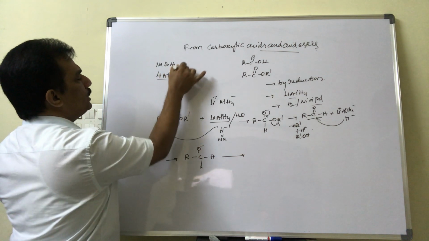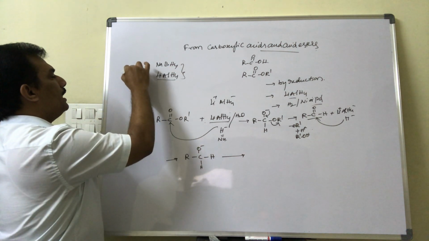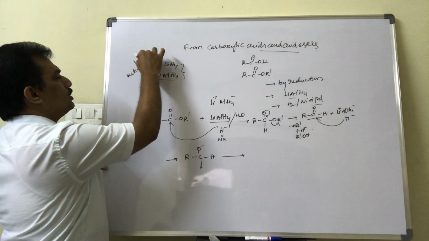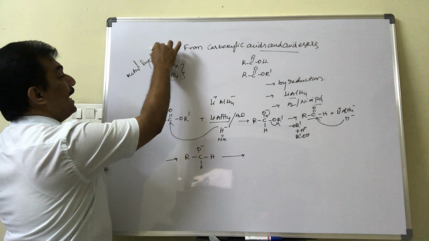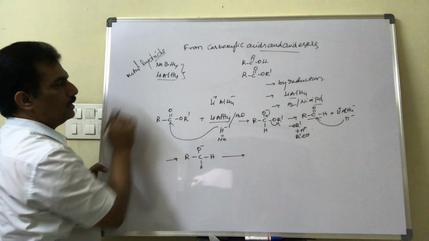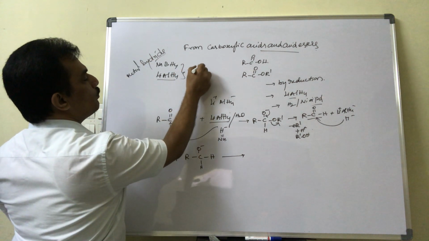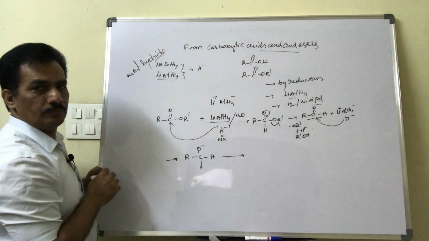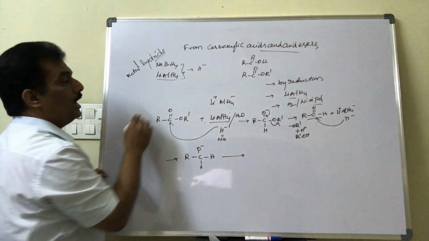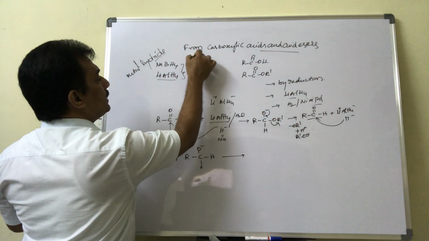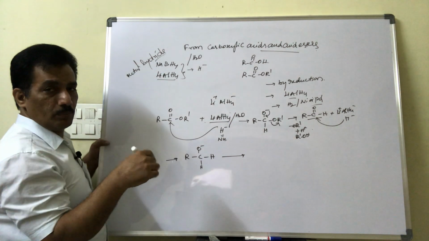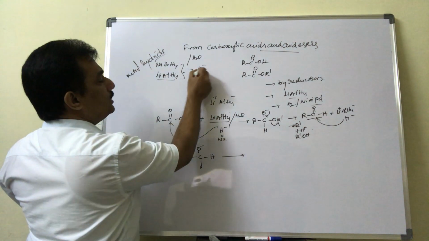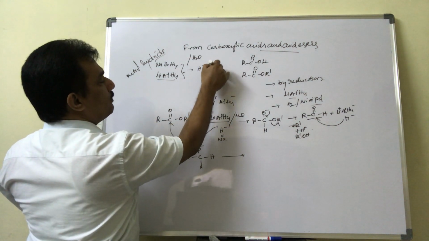This type of reducing agents are known as metal hydride reducing agents. Just remember, these are metal hydride type reducing agents. In this case, they can release only H- hydride, and any other granted reagent like H2O or any proton provider will release H+.